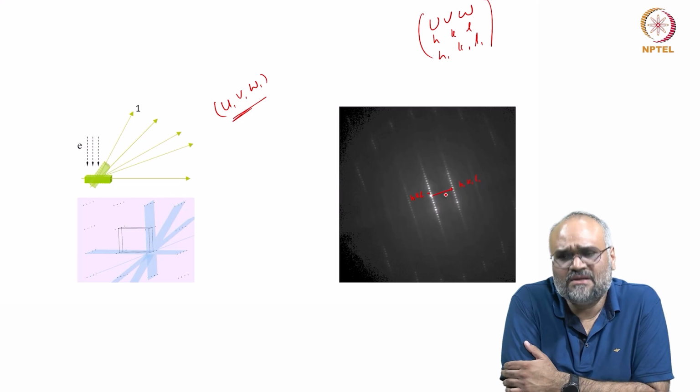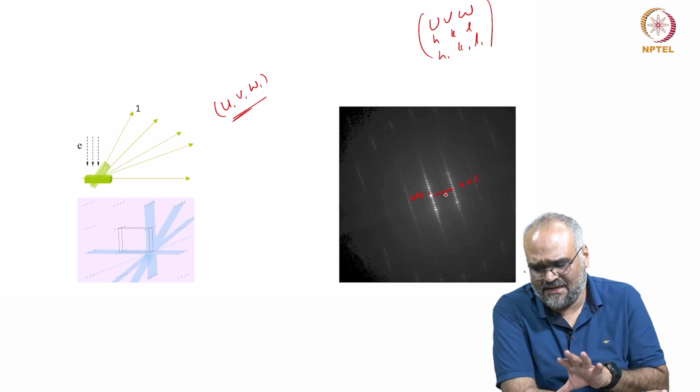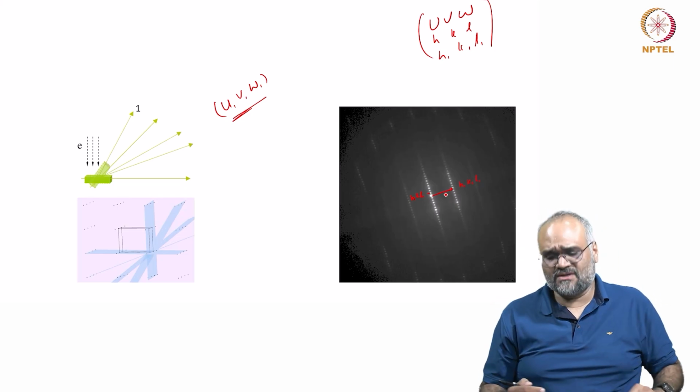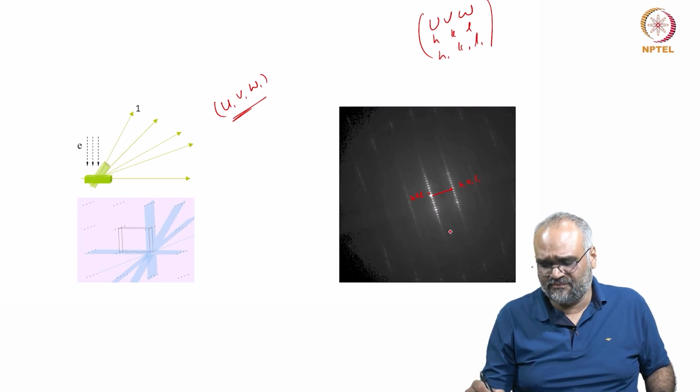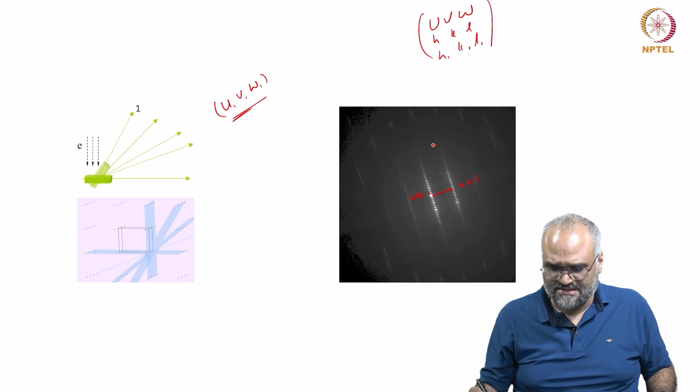But for now, irrespective of which zone I am in at the moment, please note that I want to determine some random H1, K1, L1 values and HKL values from this particular projection now.